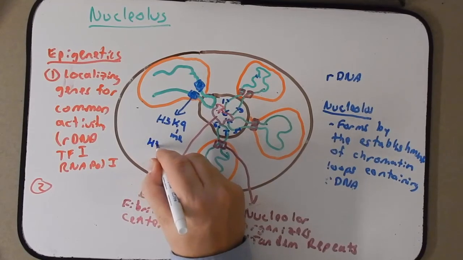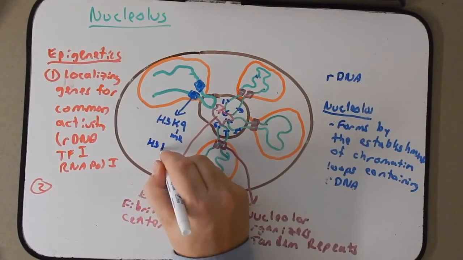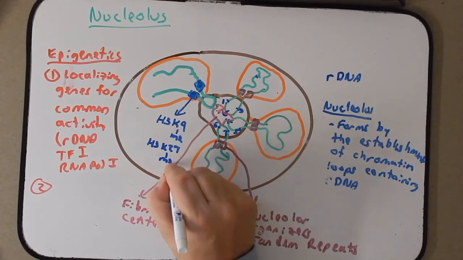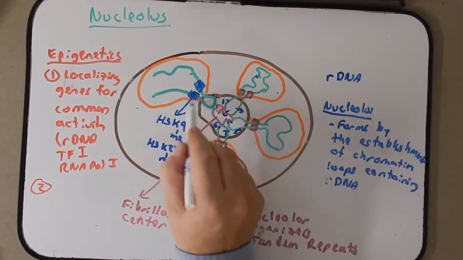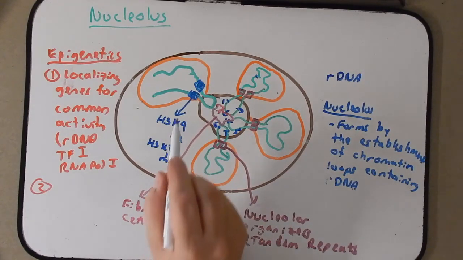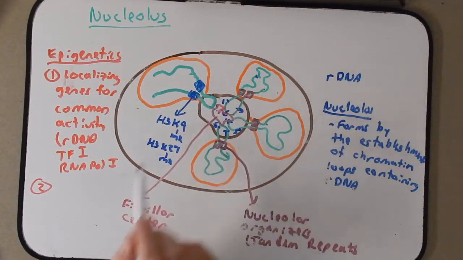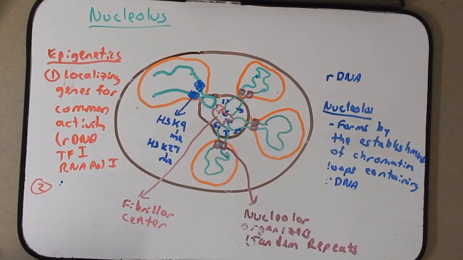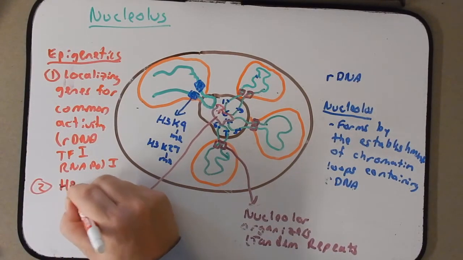And then we have H3K27, which is one we haven't talked about a lot, and it is also methylated. Together, this methylation pattern in these regions right adjacent to the nuclear organizers allows heterochromatin to form. So here I'm going to put, for the second point, heterochromatin.